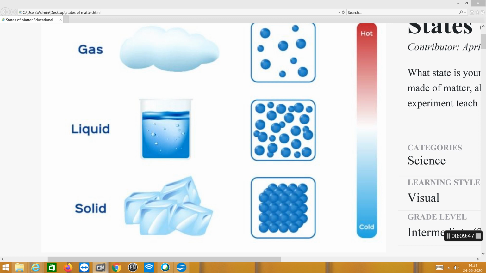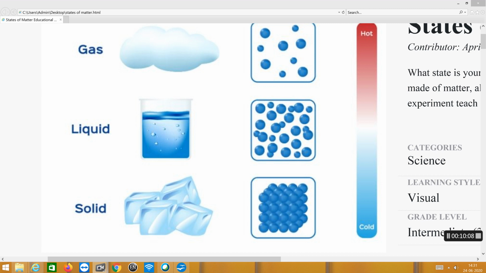The next is change in states of matter. The change in state of matter of a substance from solid to liquid or from liquid to gas is brought about by imparting heat energy to it at a constant temperature.